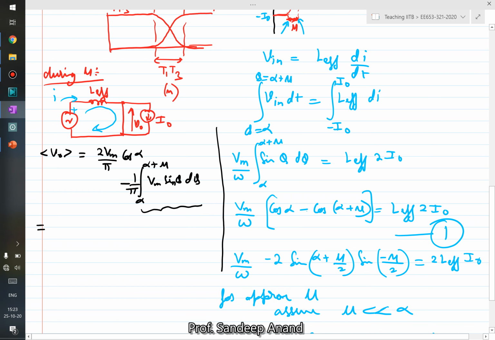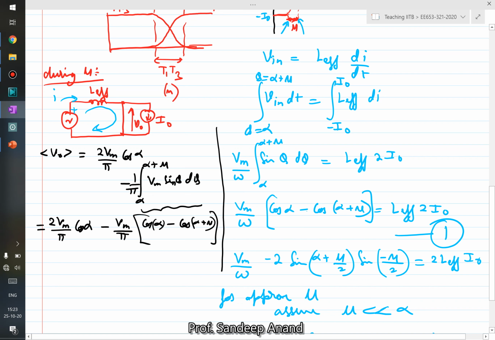So we can rewrite it as 2Vm by pi cos of alpha minus Vm by pi into cos of alpha minus cos of alpha plus mu.